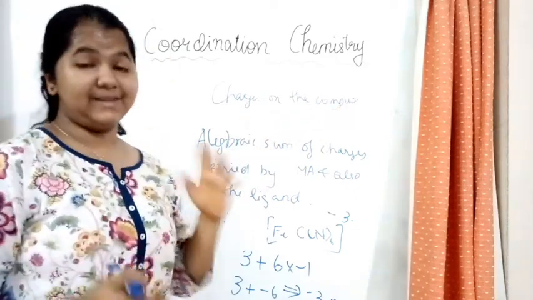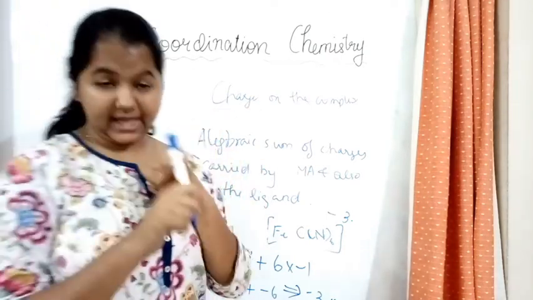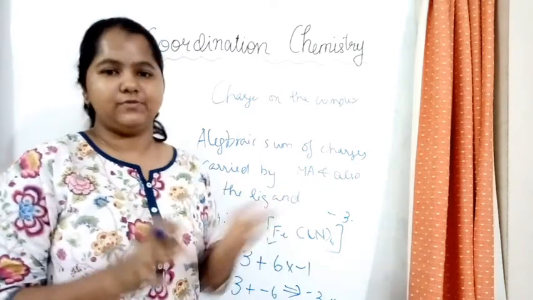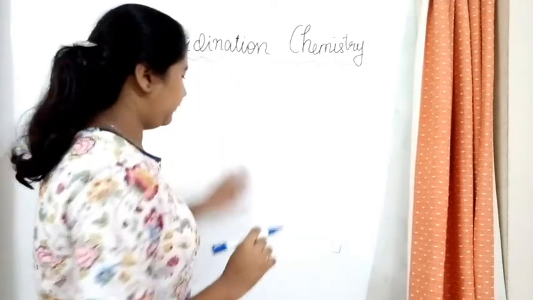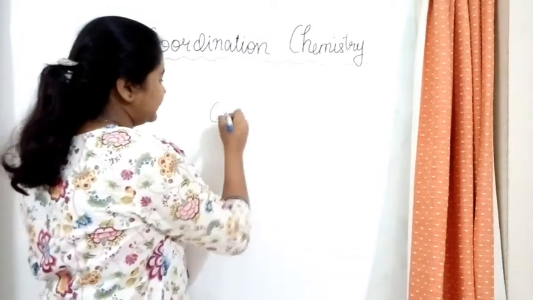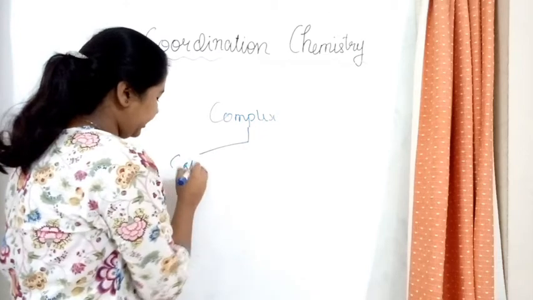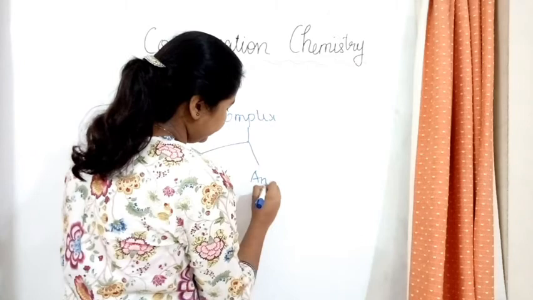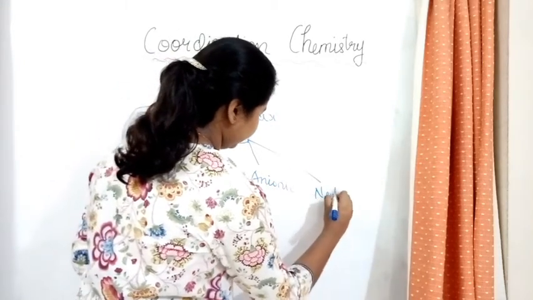Now we have to learn about something else. That is the different types of complexes. There are anionic, cationic and neutral. Let us see the examples of each of them. So let's write complex, and that is divided into cationic, anionic and neutral.